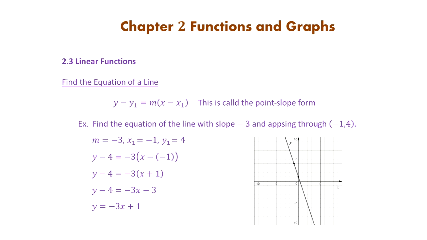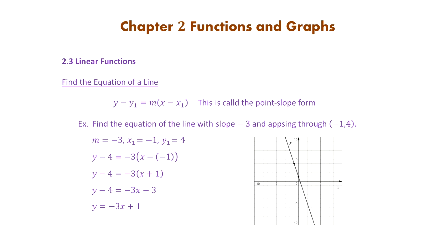For example, if you want to find the equation of the line with slope -3 and passing through (-1, 4), there's no parenthesis here, I don't know why. It's a typo. So m equal to -3 and x1 equal to -1, y1 equal to 4.